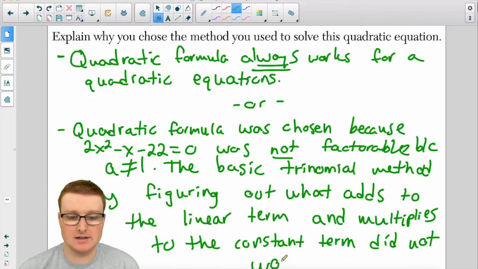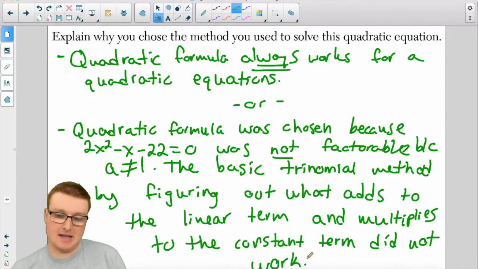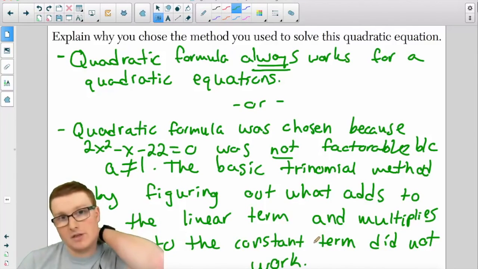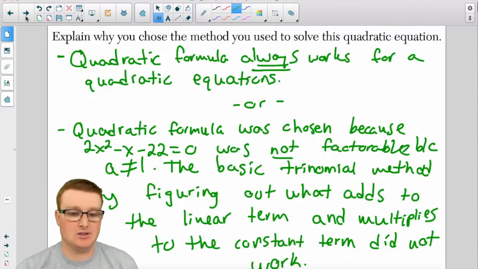Okay, that is the Trevor Clark complicated answer. You could do whatever you want. Both of them are equally acceptable answers.